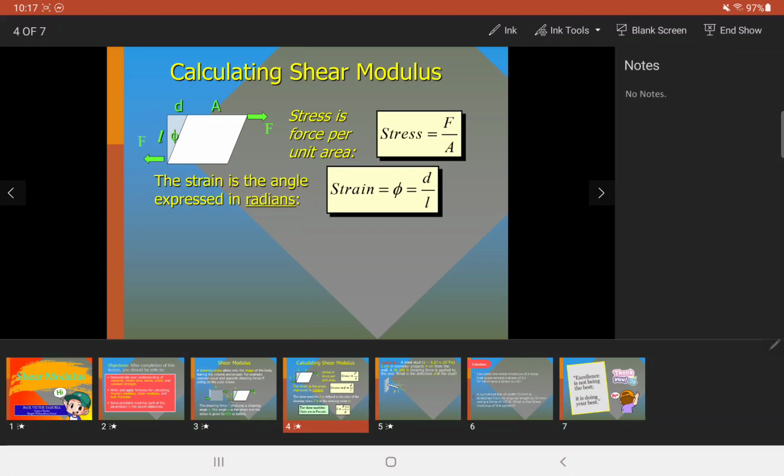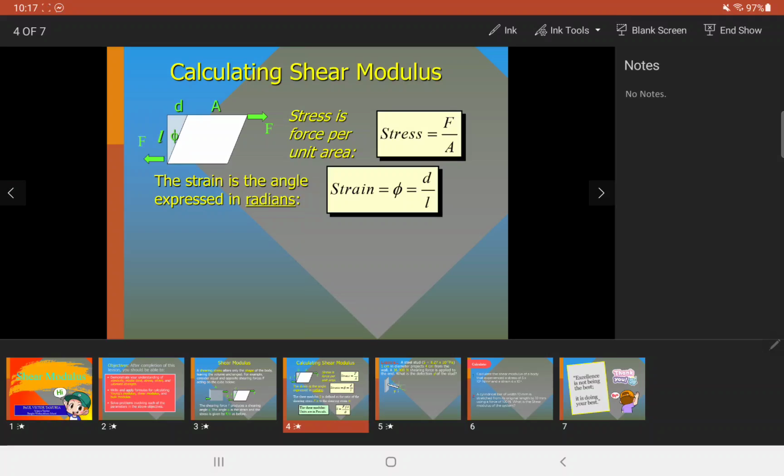In this case, that is equivalent to phi equals d over L, where d is this distance in that direction, and L is this length.